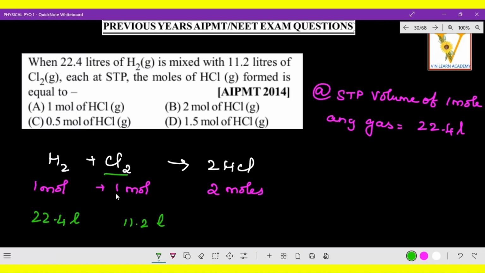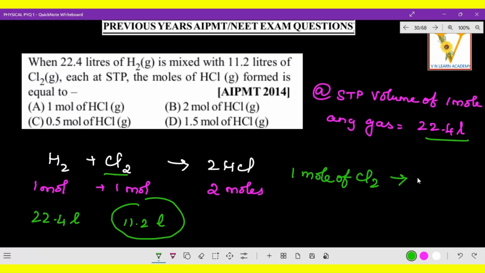So here 1 mole of chlorine can provide 2 moles of HCl. They have given 11.2, but generally the STP volume of 1 mole of any gas is 22.4. Here it is 11.2, which is half of that. So 1 mole of chlorine can provide 2 moles of HCl. Therefore, how many moles of HCl can 0.5 mole of Cl2 provide?